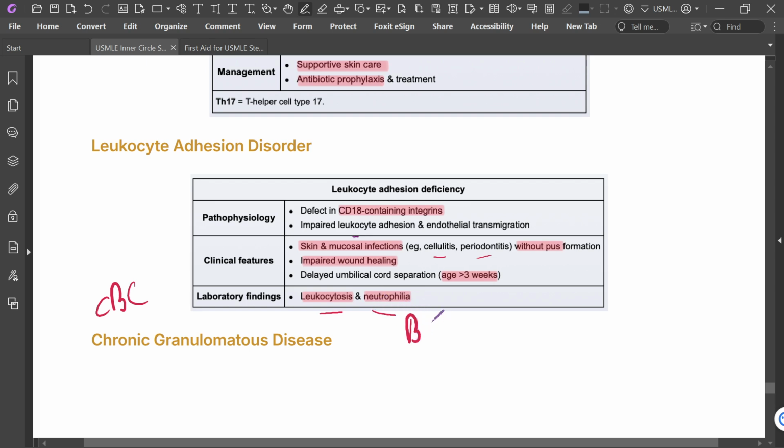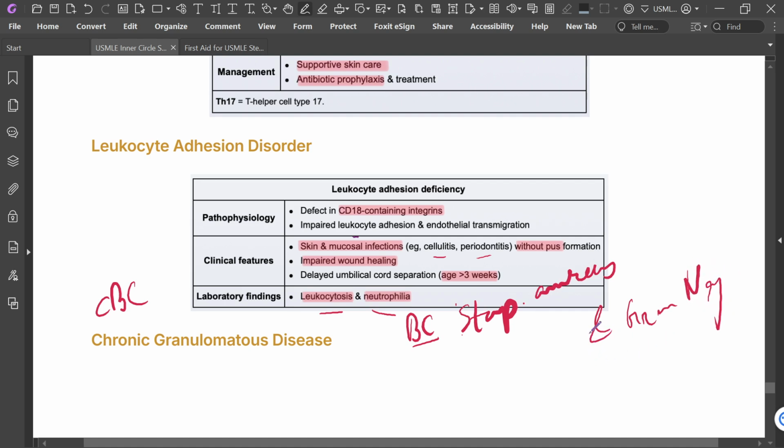If we do blood culture, infection is most commonly caused by Staph aureus and some gram-negative bacilli.